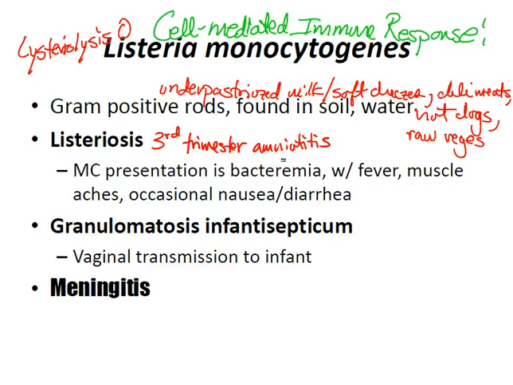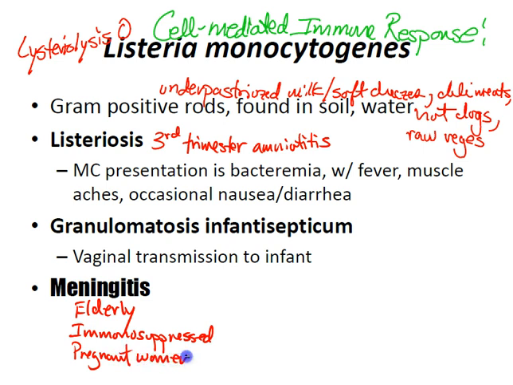Listeria is a common cause of meningitis in the elderly, immunosuppressed, pregnant women, and infants. Listeria monocytogenes is causing meningitis among the elderly, immunocompromised, pregnant women, and infants.